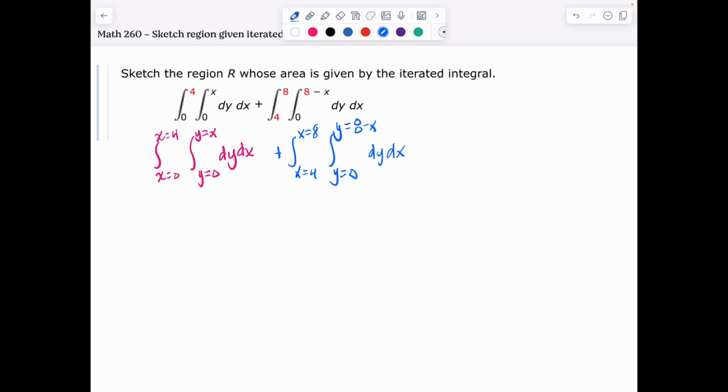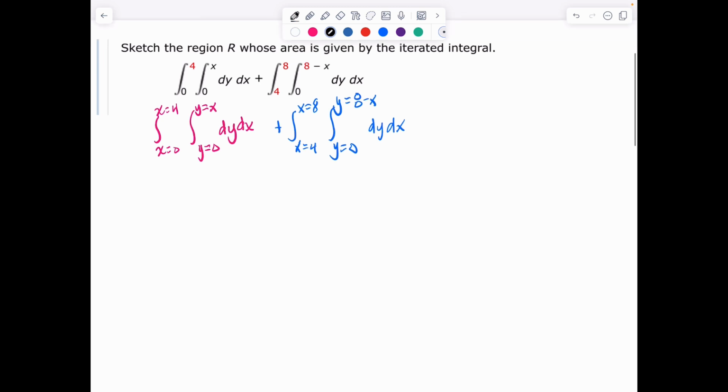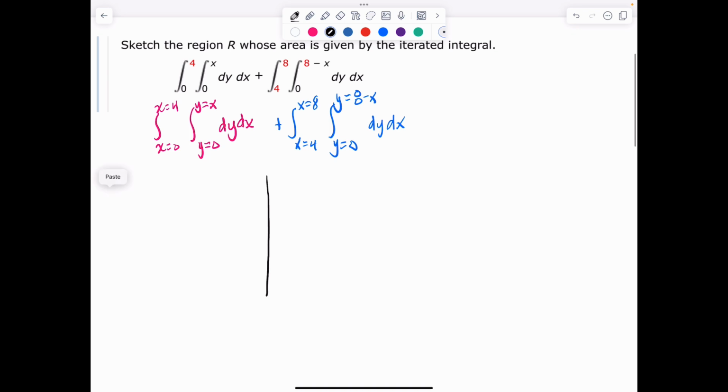So when I see this, I'm going to look here, and what I see is that overall x is going to go from 0 to 8. And we have y equals x as a line, and we have y equals 8 minus x as a line.